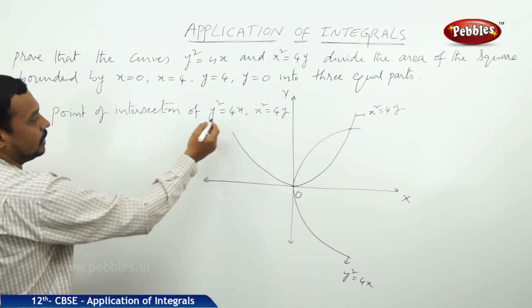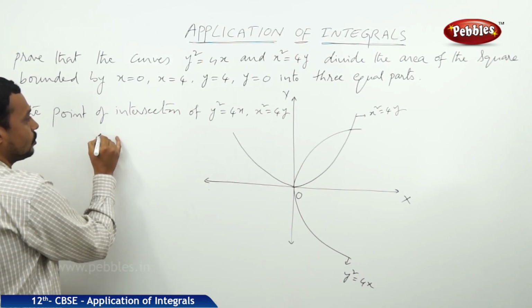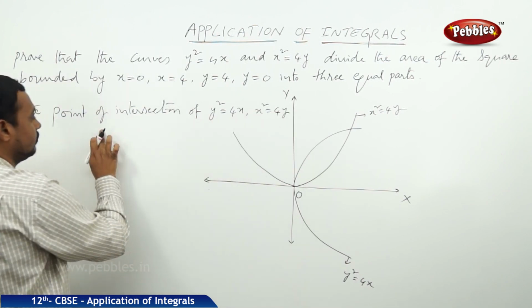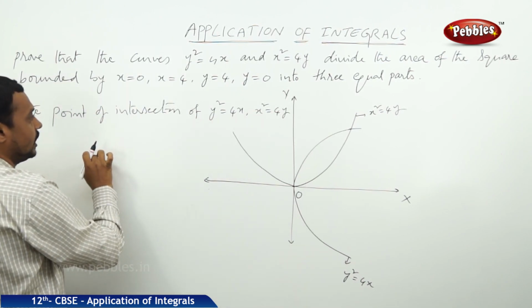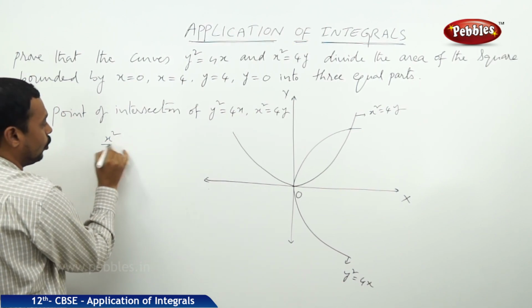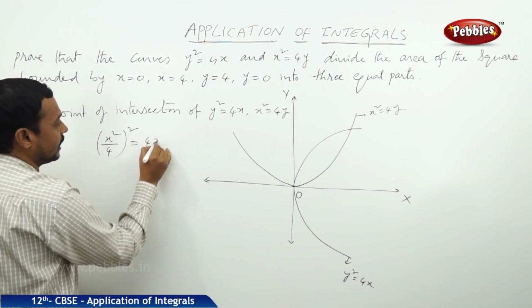We can eliminate y: x square by 4, whole square, is equal to 4x.